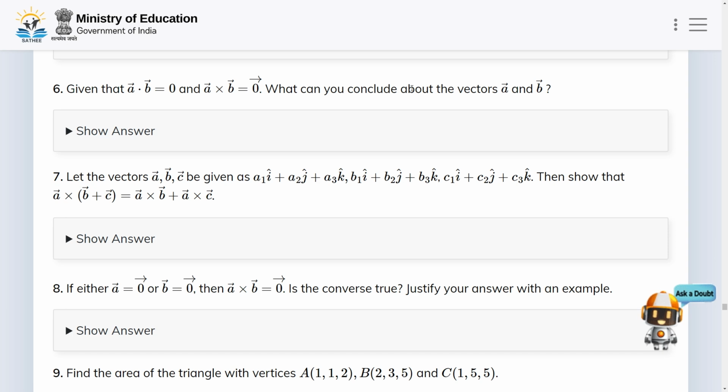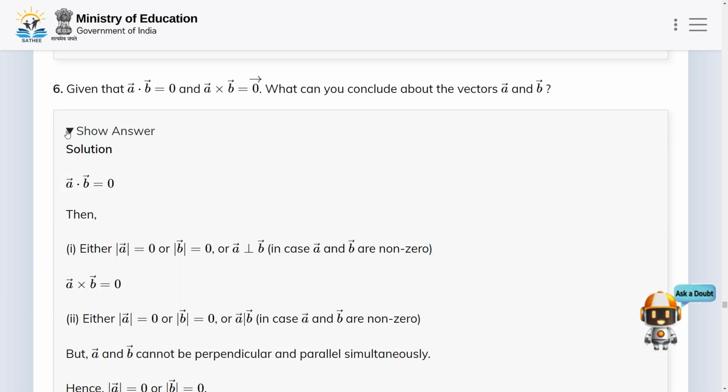So what can you conclude about the vectors A and B? From here, what you can conclude is perpendicularity, or another way is that you can also conclude that either magnitude of A is 0 or B is 0. This case will only occur when A is 0 vector or B is 0 vector.